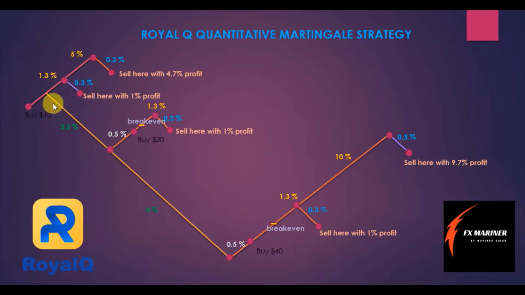So in this example, I'm going to buy a particular coin worth 10 USDT at the first order. Once given instruction, there are two instructions that you can give, either market order or limit order.